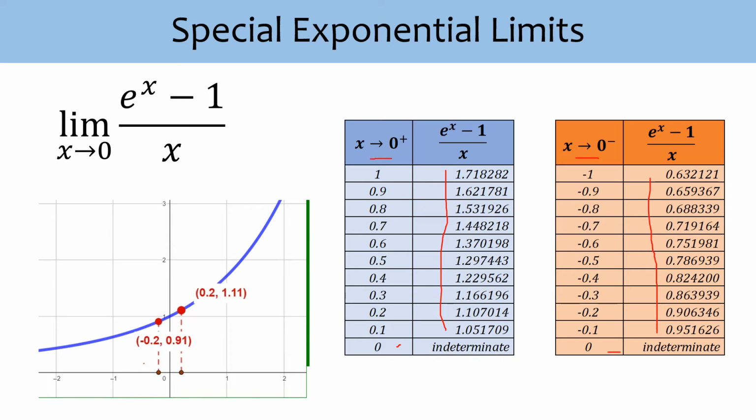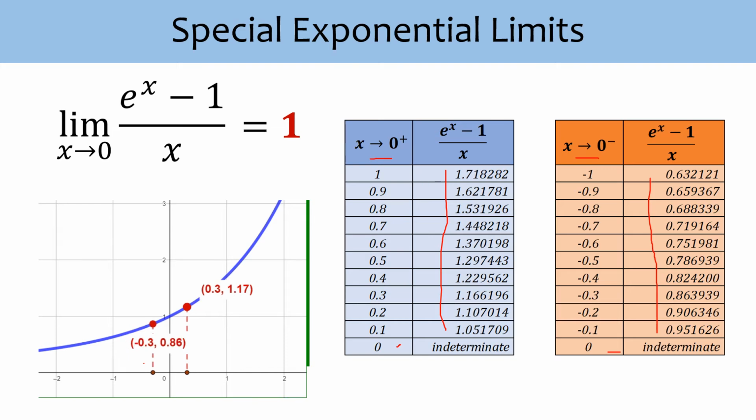Remember, when we talk about the limit of a function, we are looking for the behavior of the function. When we say the behavior of the function, that's the y value to which the function is going closer to, like the y values in the table of values that we see here. And as you can see here, the values are going closer and closer to 1. So therefore, the limit of e to the x minus 1 all over x is equal to 1.